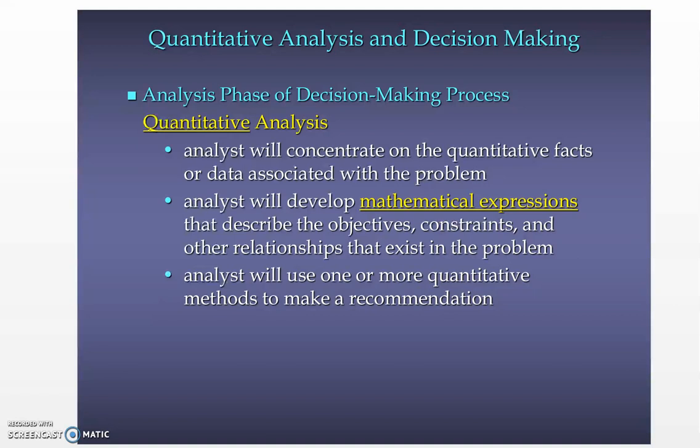That's an objective function. We identify constraints. We may say, well, we've only got a certain amount of money to spend, or we can only produce a certain number of widgets in a given period of time, or we have to work at least 8 hours a day. And once we define those mathematical expressions, we can use those to develop the recommendation.